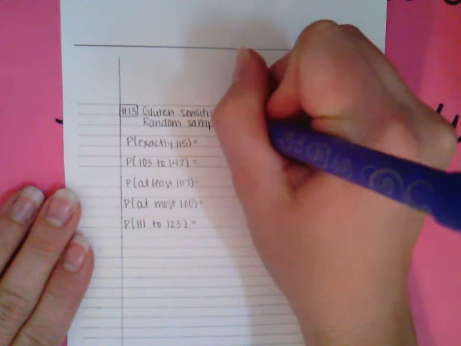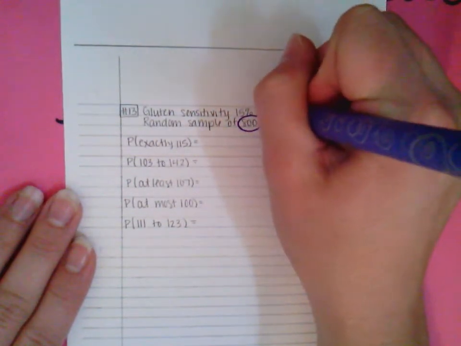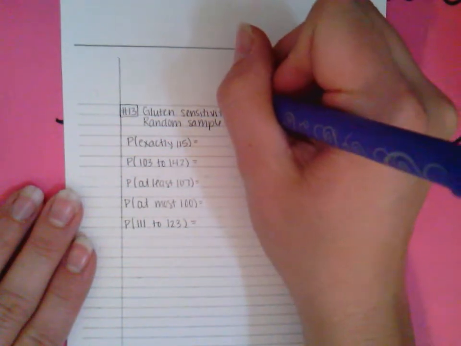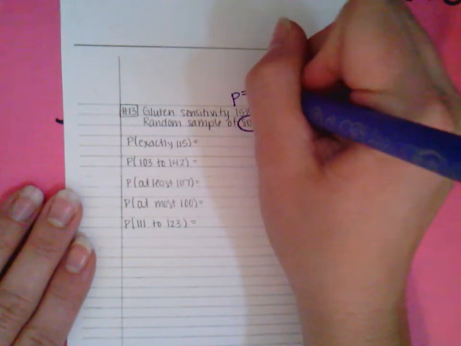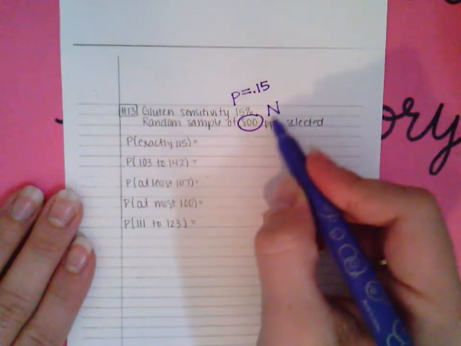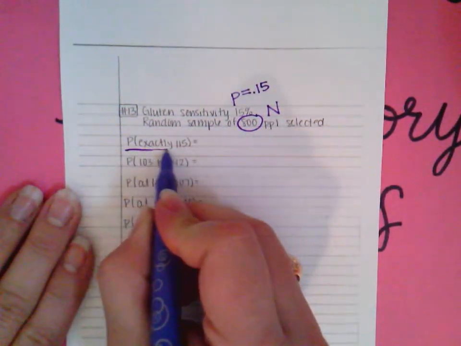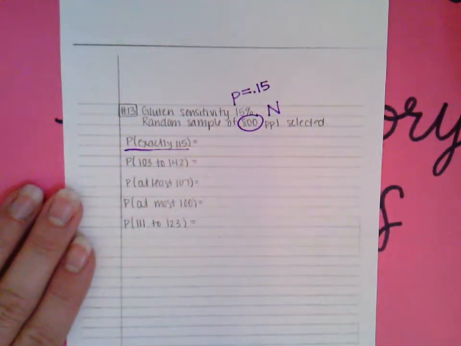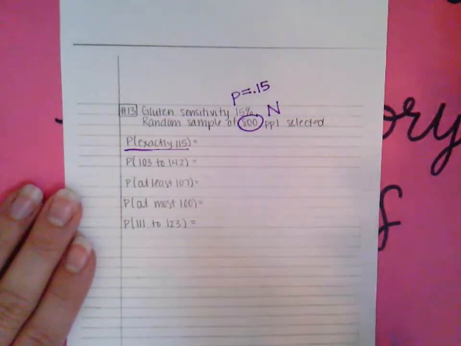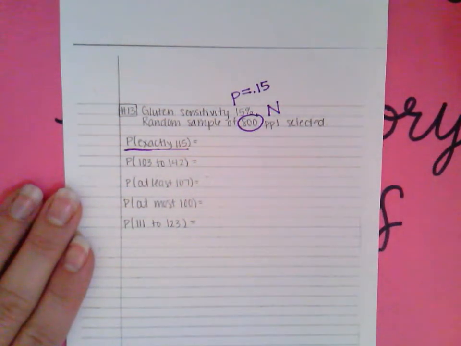It's binomial because we have 800 people, that's our n, and a gluten sensitivity proportion. And I'm looking within that n for the probability that exactly 115 of the 800 have this gluten sensitivity.